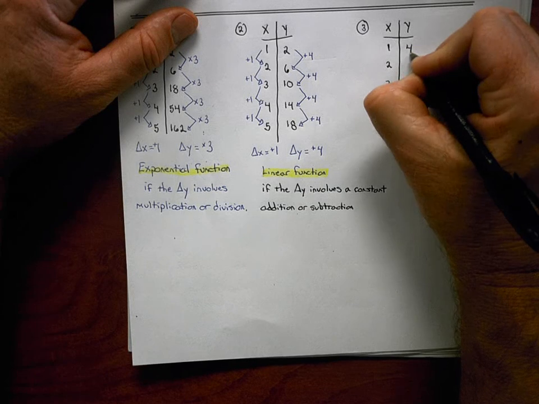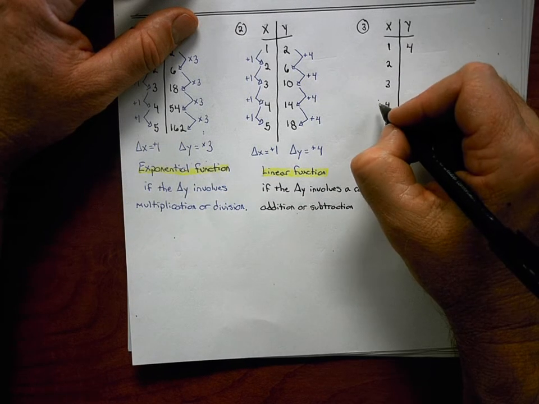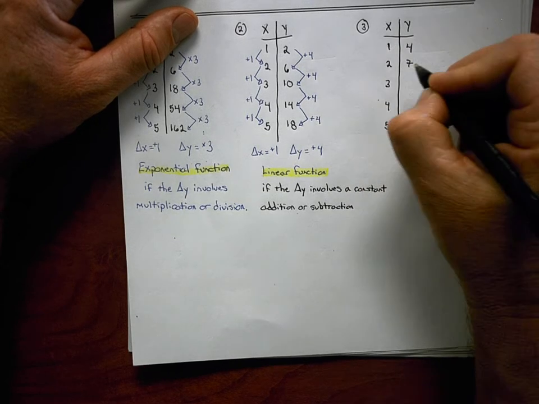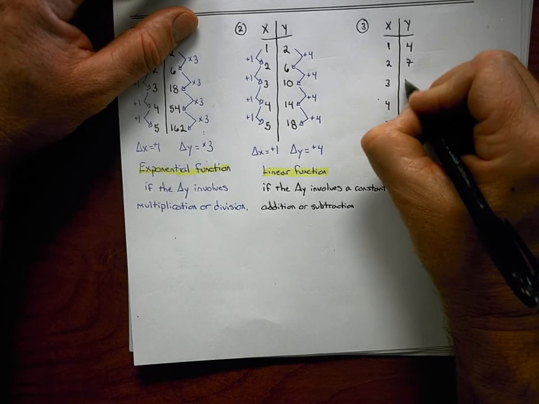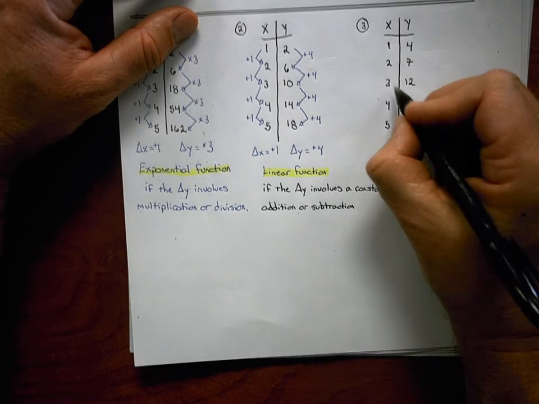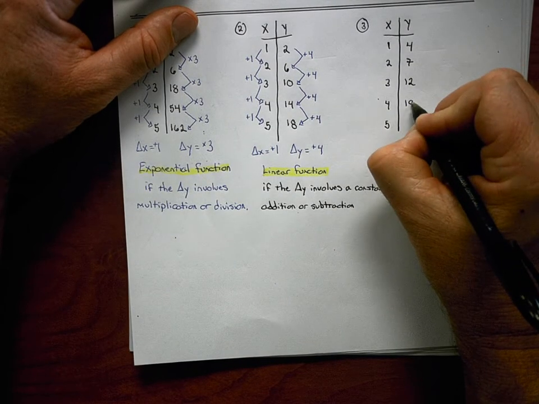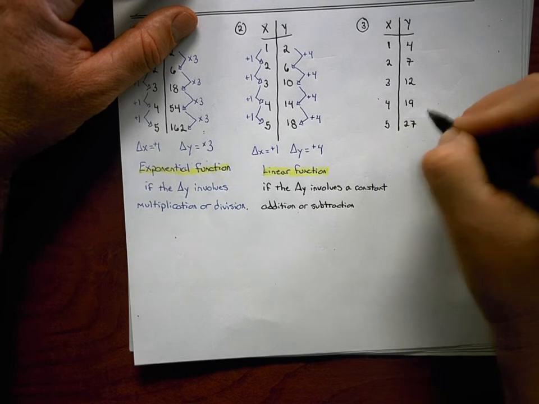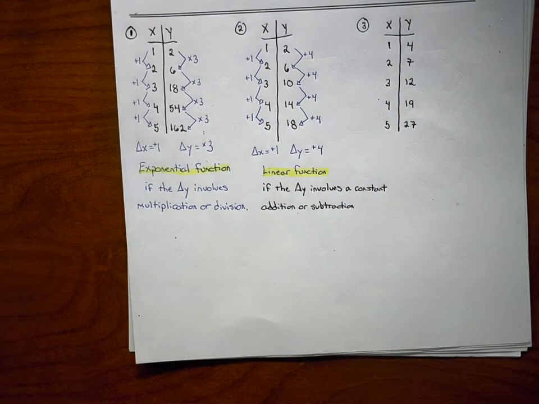First y is 4. Next one's 7. Next one's 12. Next one's 19. The next one's 27.